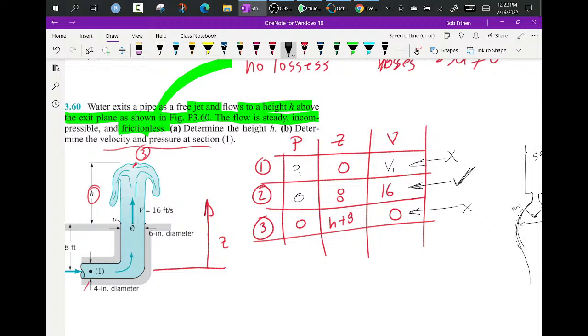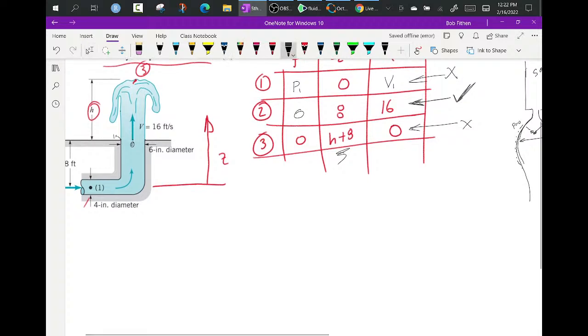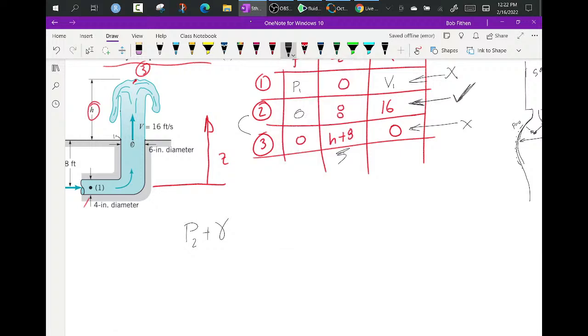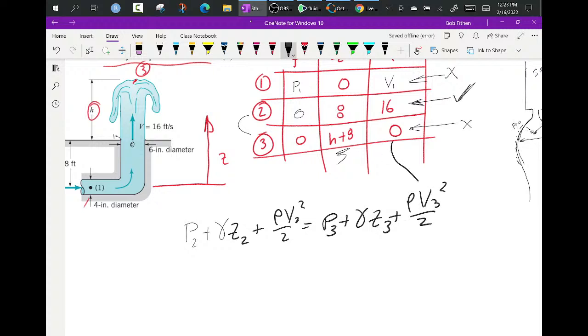So if I write, I have one unknown here. So if I write between 2 and 3, P2 plus gamma Z2 plus rho V2 squared over 2 is equal to P3 plus gamma Z3 plus rho V3 squared over 2. Now, here, that's a 0, and this is a 0.